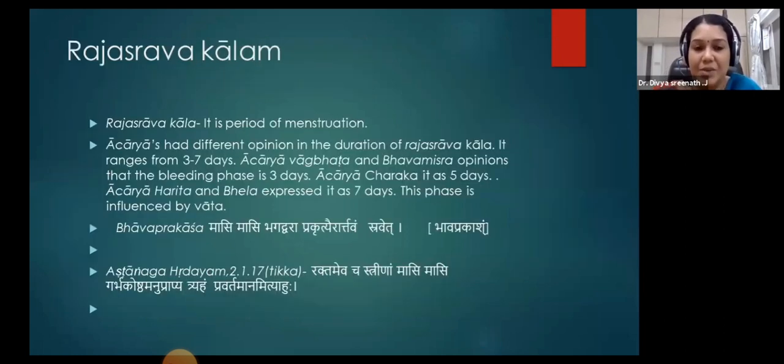Now, Rajasrava Kala is considered the period of menstruation. Raja means menstruation, srava means flowing out. The term itself denotes that it is the period of menstruation. We had mentioned that Acharyas have different opinions: 3 days, 5 days, 7 days.